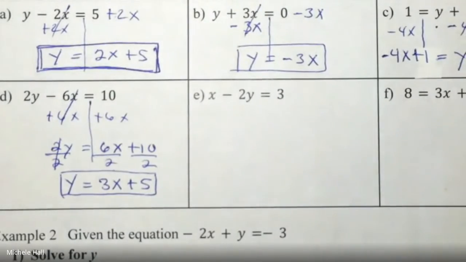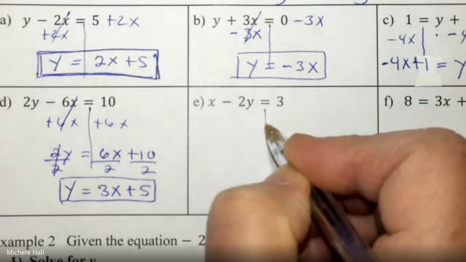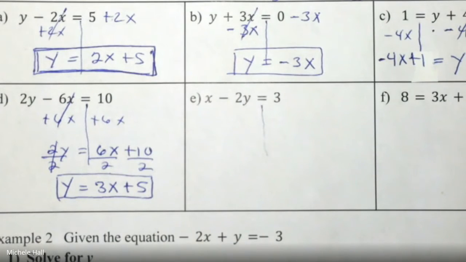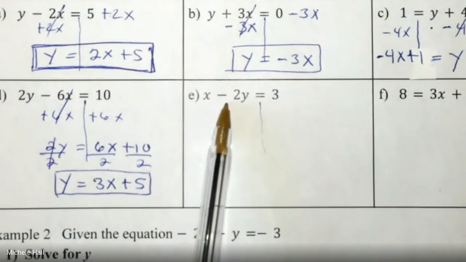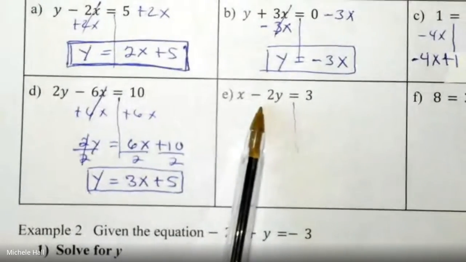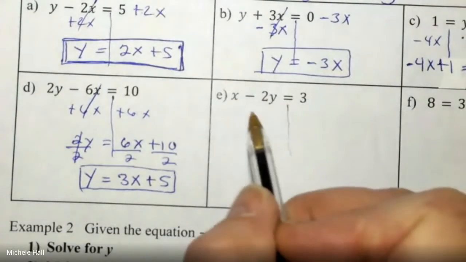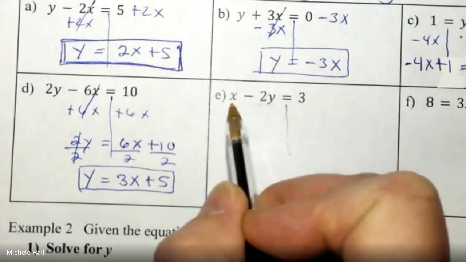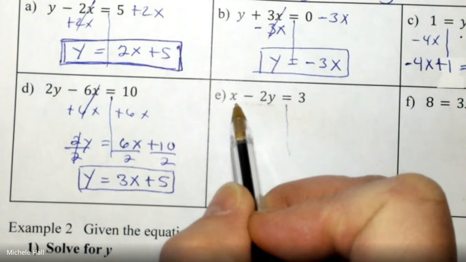All right, here we go with the next one. Again, I'm trying to solve for y. What does the minus sign go with? It goes with the 2y. And so the negative sign goes with the 2y. You need to look in front of the x. Is the x, Christina, positive or negative?